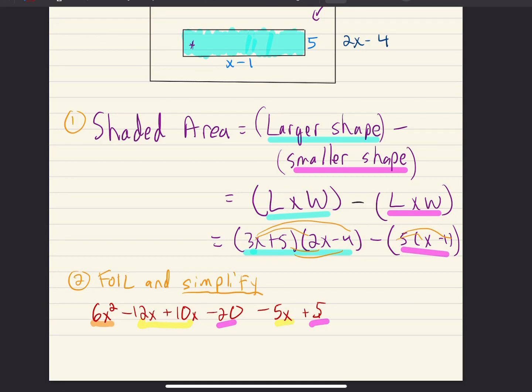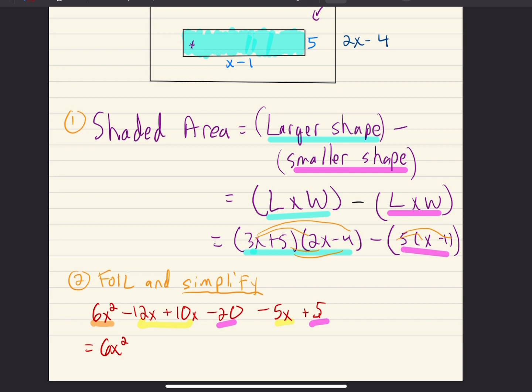So once I FOIL and simplify, I should have this expression: 6x squared minus 12x plus 10x minus 20 minus 5x plus 5. And like radicals, you can only add and subtract like terms. So there is no other 6x squared, so I'm going to leave that as is. But the minus 12x plus 10x minus 5x, those can be added together.